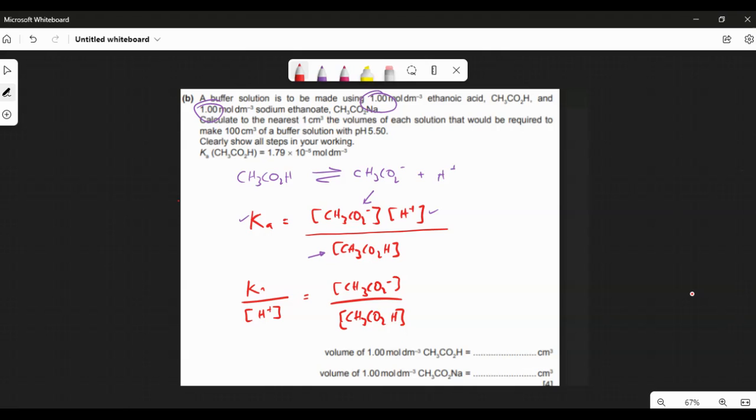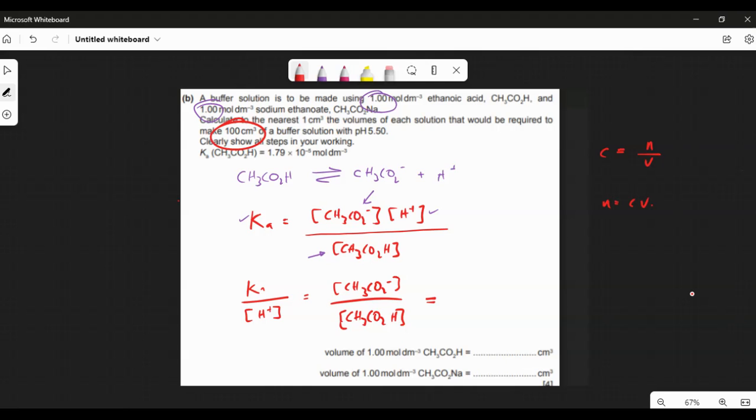Now we're going to use a trick. Well, it's not a trick, it's this fact. We don't know what the concentration of this is. Well, we do. It's 1 molar, and the concentration of the other stuff is 1 molar. So because the concentration is equal to number of moles over volume, or n equals CV, we can divide one volume by the other, because the volume will be proportional to the concentration.